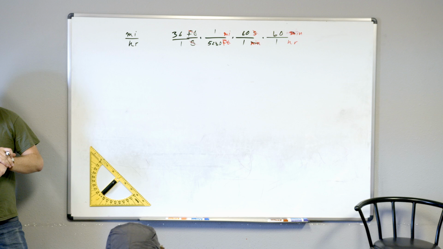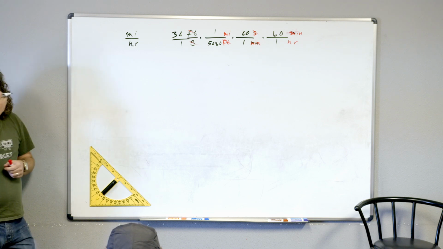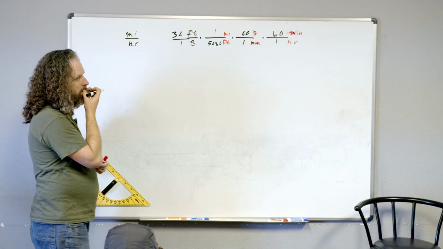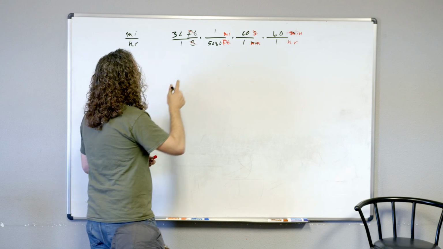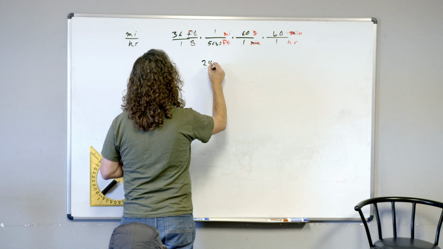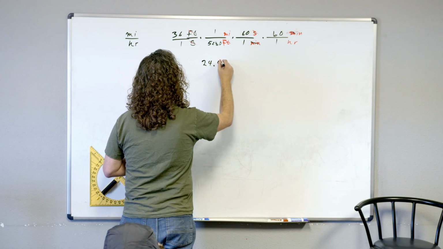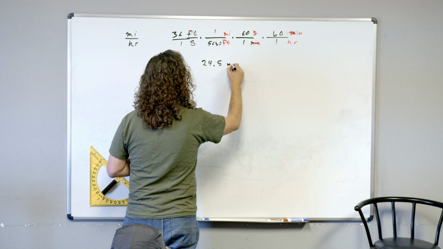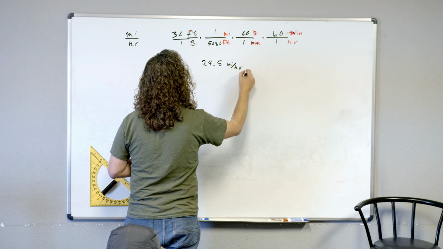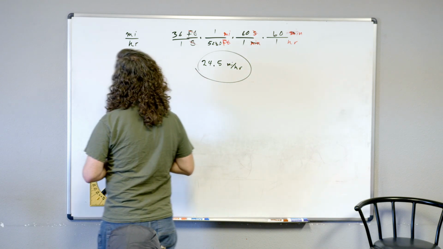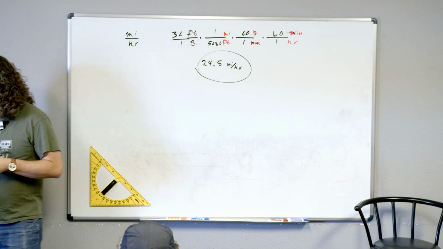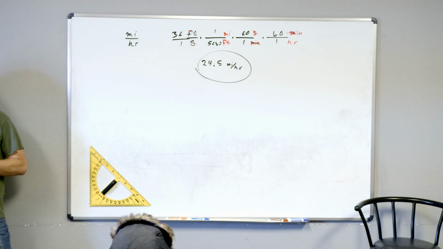Got 24.54. Yeah, I got 24.4. Okay. So 24.5 miles per hour. I thought it meant choose one of those. I know. Well, it says to select one and convert.